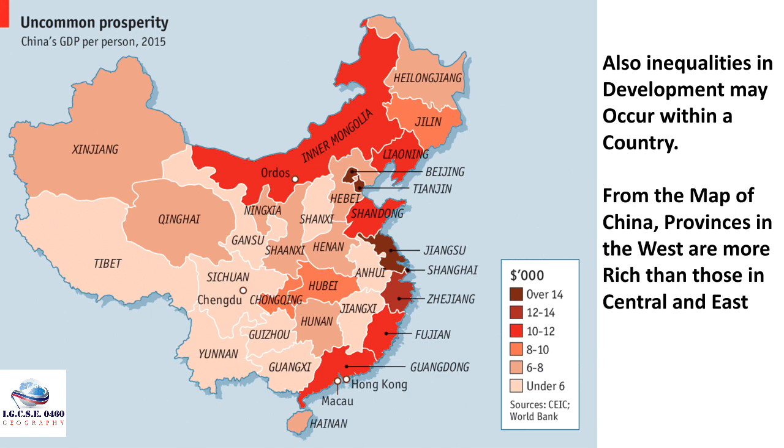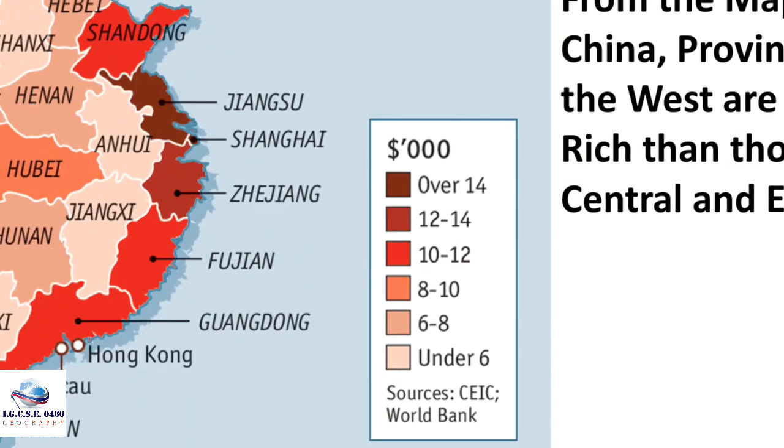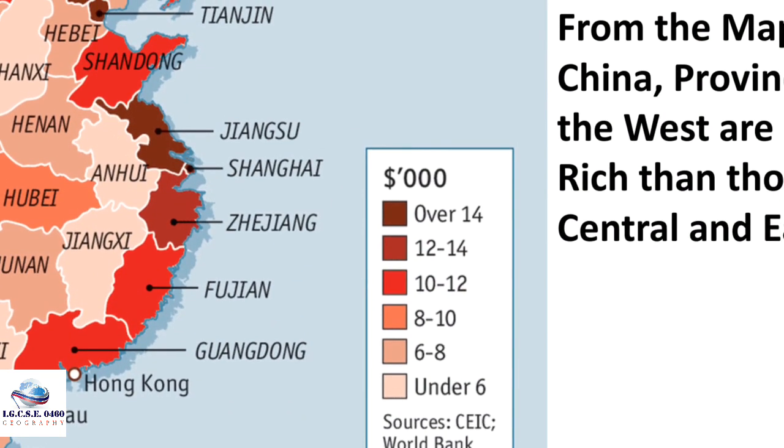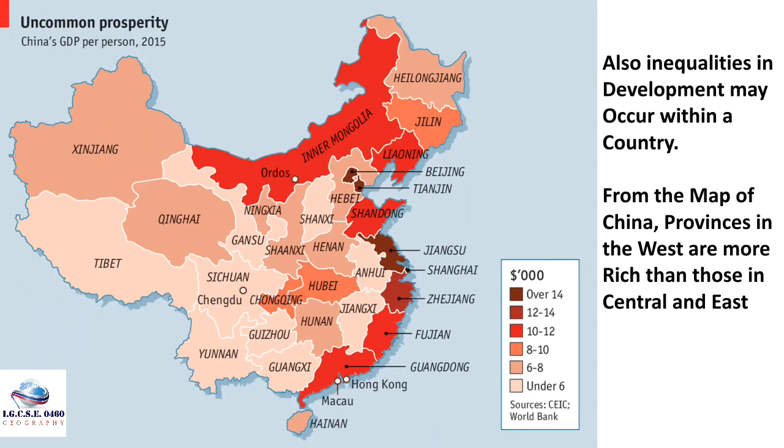Now from the map, we can see that provinces in the west are poorer than the provinces in the east, according to the key which shows the GDP per person in 1,000. So we will focus on this a bit later.